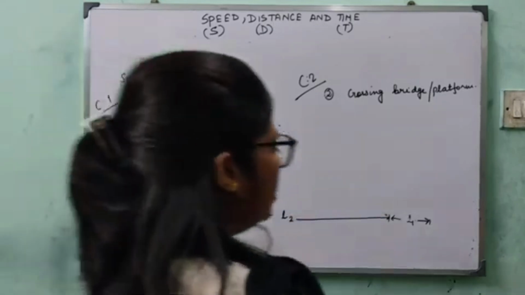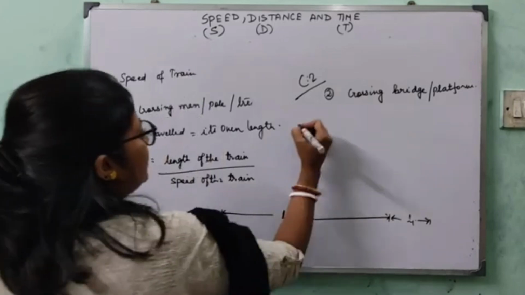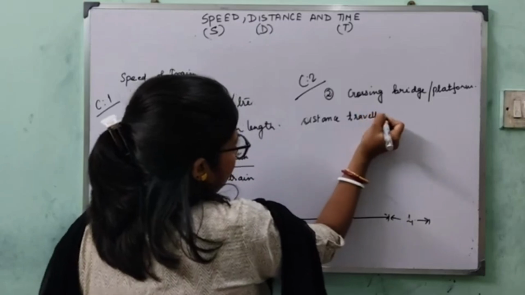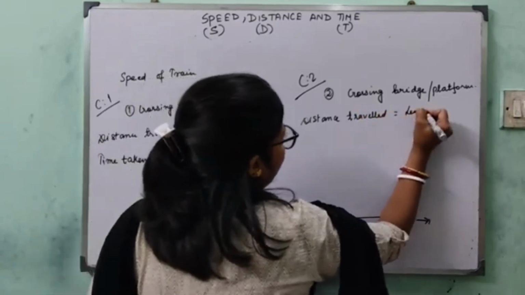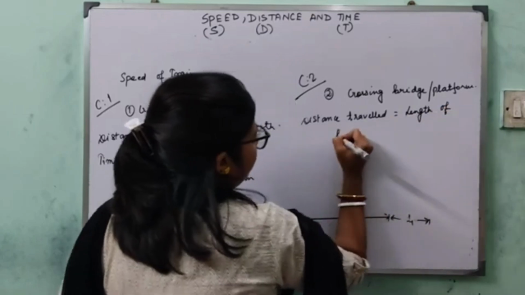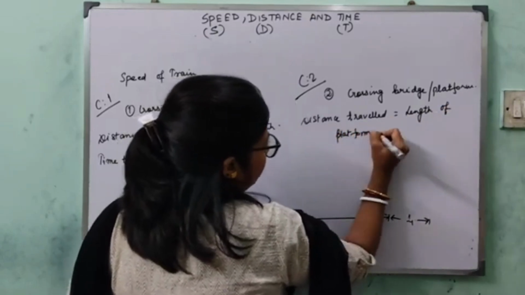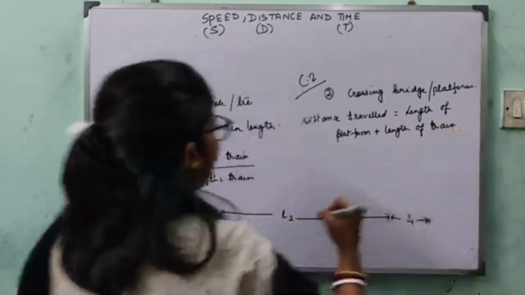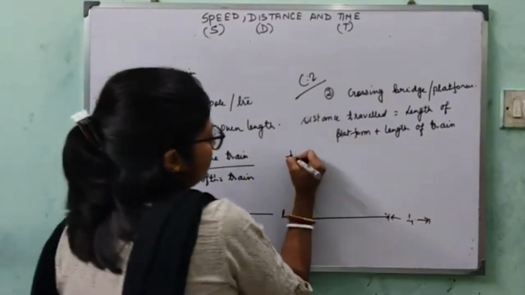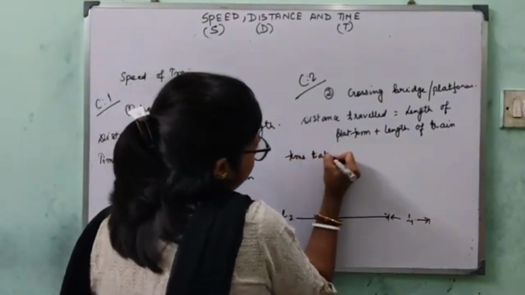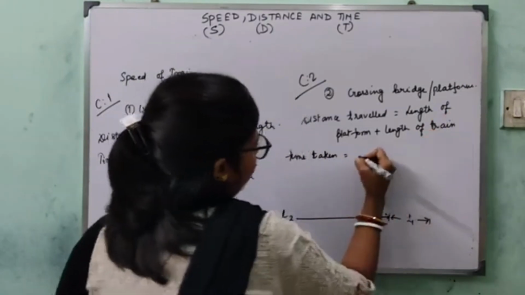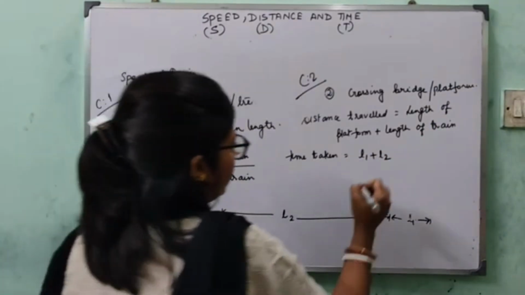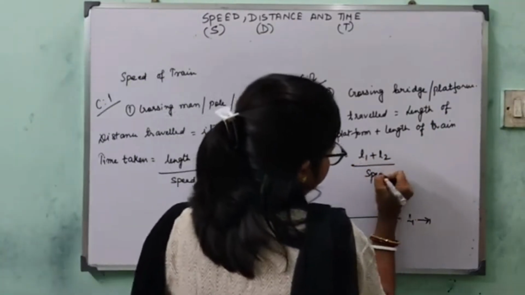So for crossing a bridge or a platform, the distance that is traveled is equal to length of platform plus length of train. And the time taken will be what? Suppose I tell this as L1 plus L2, that is length of the platform plus length of the train, by the speed.